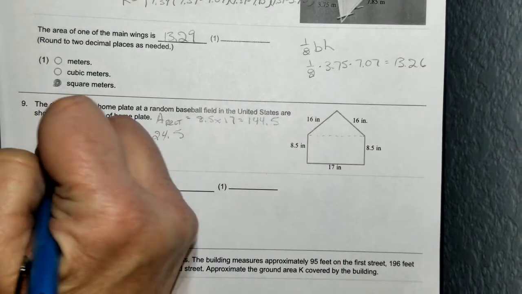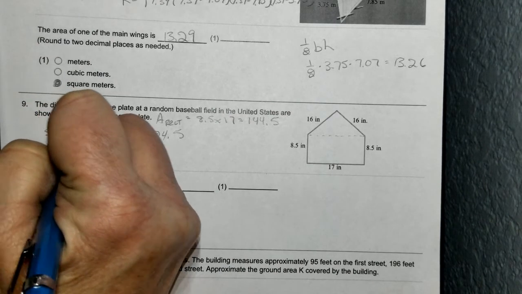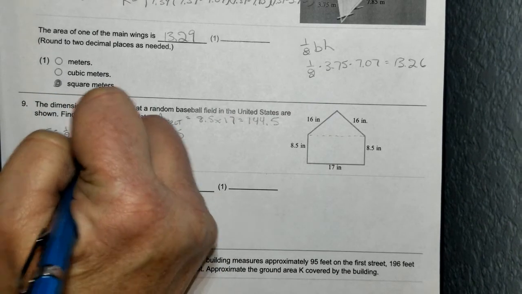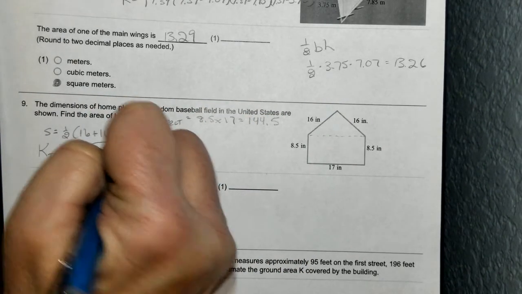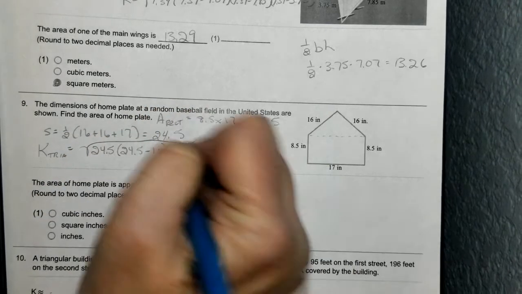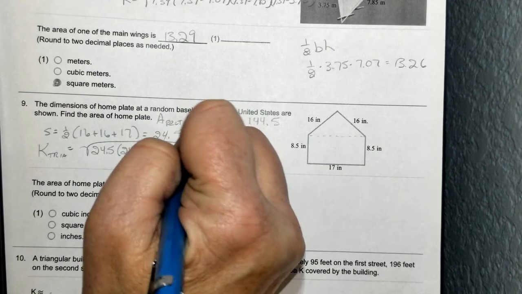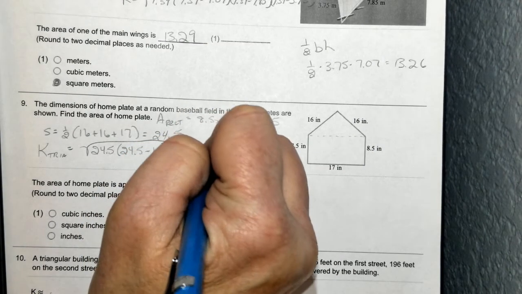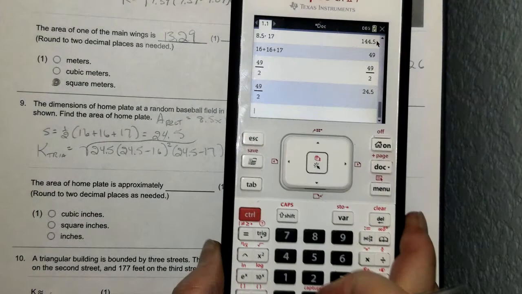Now let's do our K for the triangle. I'll put this down here so we know what we're doing. Big square root, 24.5 times 24.5 minus 16 twice. I'm just going to put a square there, times 24.5 minus 17. So that shouldn't be hard for us to do with the calculator.